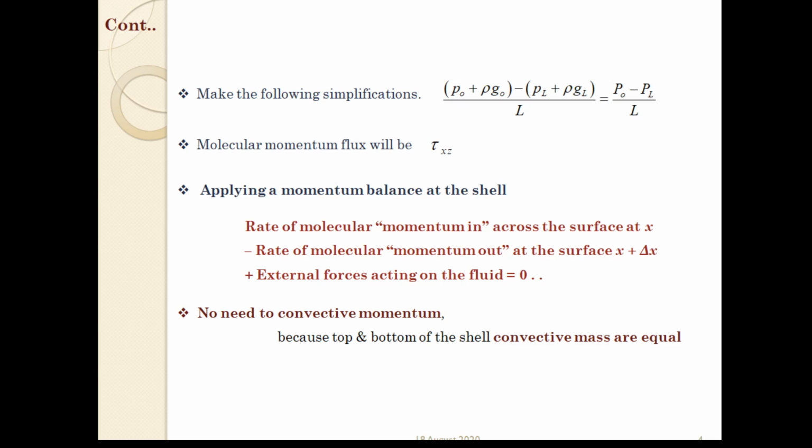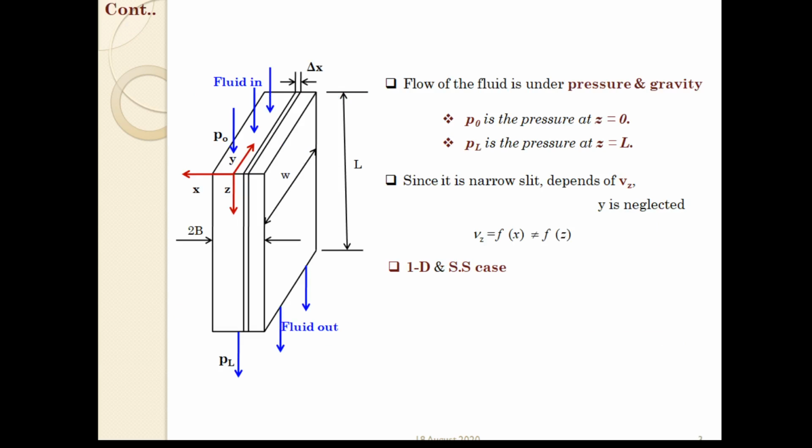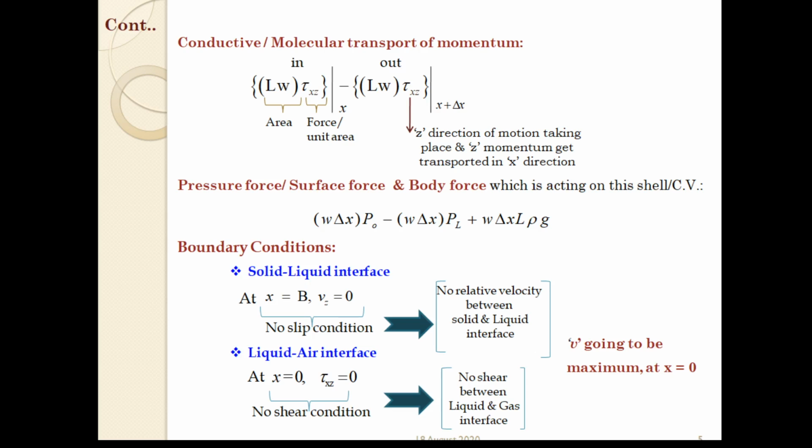So the momentum balance equation at the shell will be the molecular momentum in across the surface at x, and out at x plus del x, plus the summation of forces acting on that control volume. Now what will the conductive or molecular transport of momentum be here?